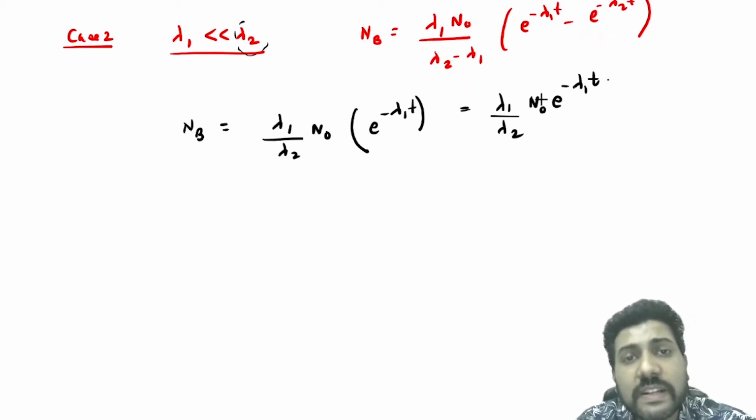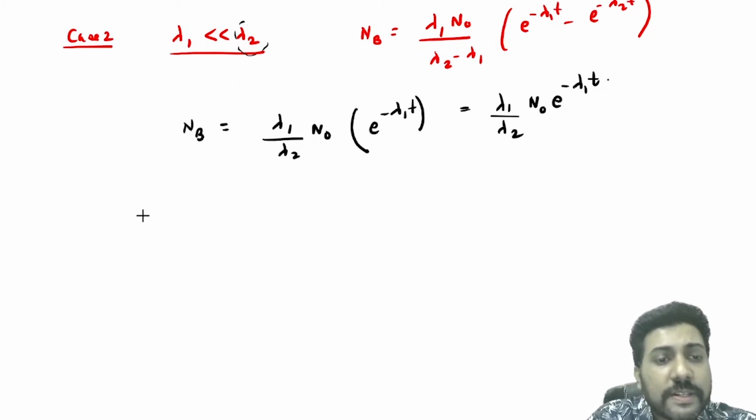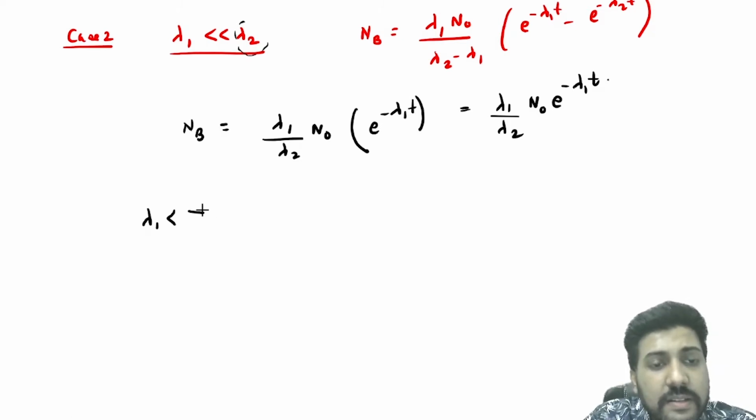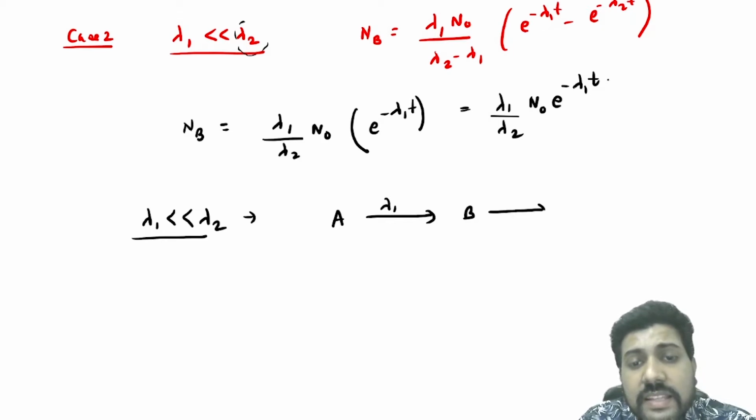Now even if we do not know this formula of NB, or we do not want to solve the differential equation of NB, we can still find out this answer by one shortcut. See, lambda 1 is less than lambda 2 means what? Lambda 1 is less than lambda 2 means A is decaying at a very slow rate, but B is decaying at a very fast rate, right?